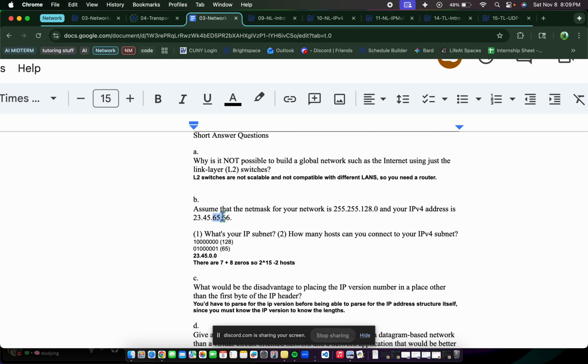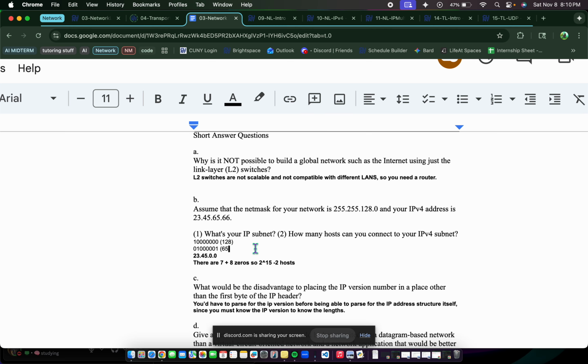How many zeros do we have? Each of these is a byte. If we bitwise AND this with this, the first 2 are obviously zeros, and then with the third byte we have to see which bits are currently taken. We do that with the bitwise AND operation. We see that this is 128 and this is 65.